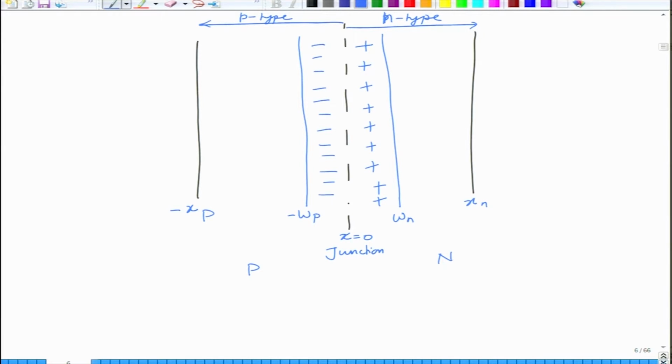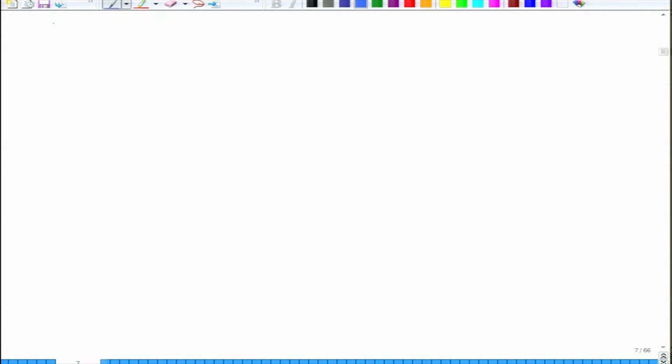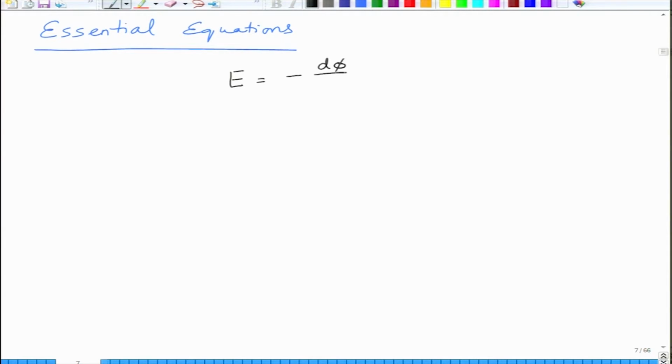So let's first look at the essential equations. We know that the electric field is equal to minus d phi by dx. Now we have an equation called Poisson's equation, which applies in a region where you have a charge distribution.